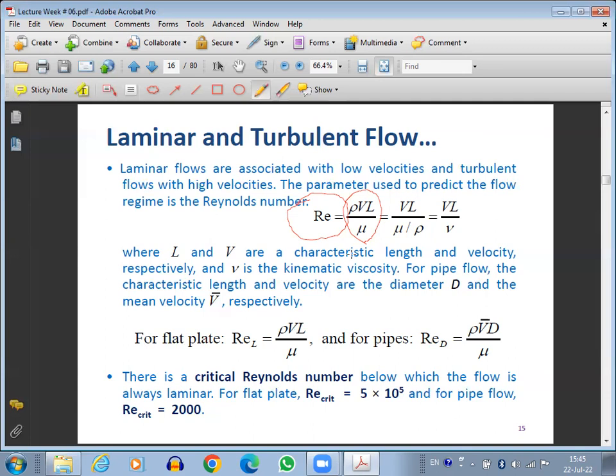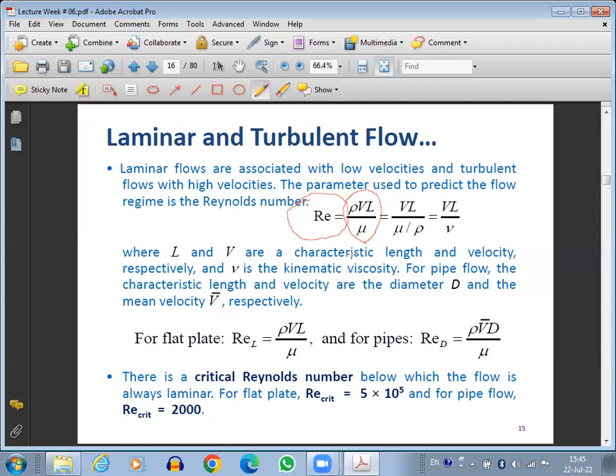For example, lava flows very slowly, but it is a highly turbulent flow. There's a lot of disturbance in it. Velocity is less, but it is not necessarily laminar just because of velocity, because there are other factors as well.